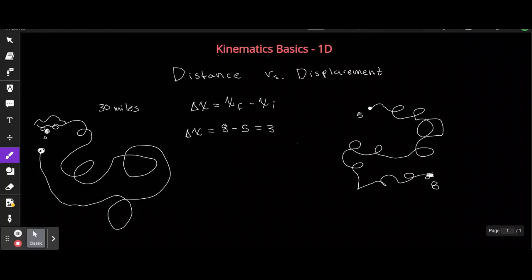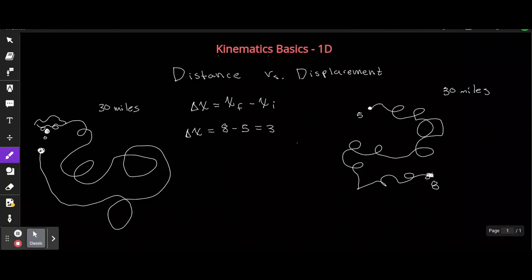And let's once again assume that this loopy road is 30 miles. That means that the distance the car traveled is 30 miles, and the displacement it had is 3 miles. This tells us that distance traveled can sometimes, or even most of the time, be greater than the magnitude of its displacement.